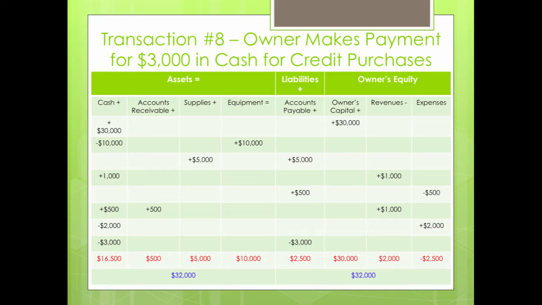So remember that any credit purchases are recorded under the accounts payable. Okay? This account currently has a balance of, it's actually $5,500.